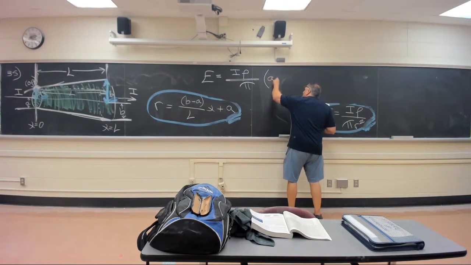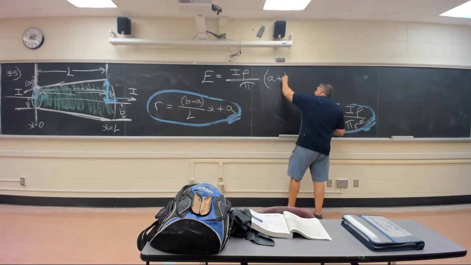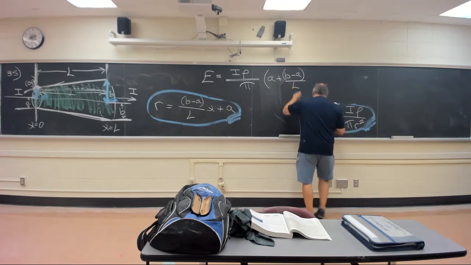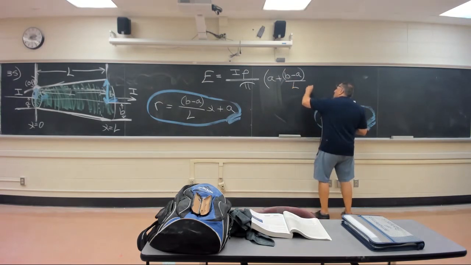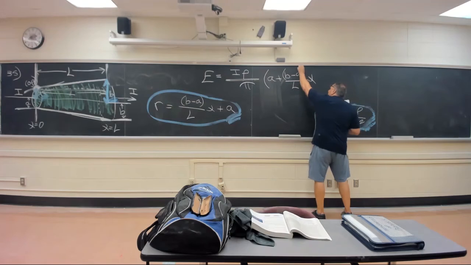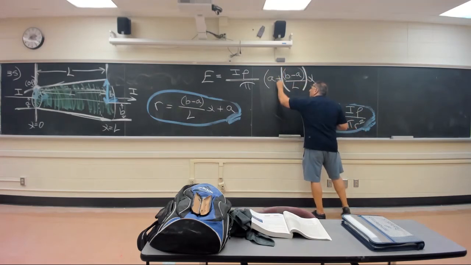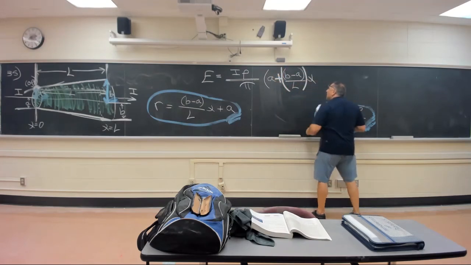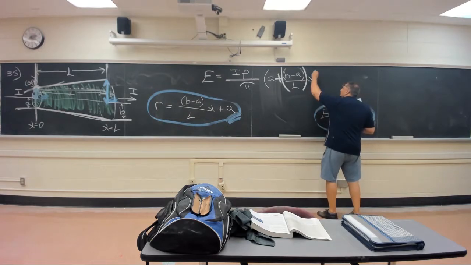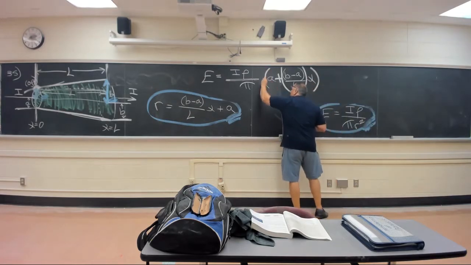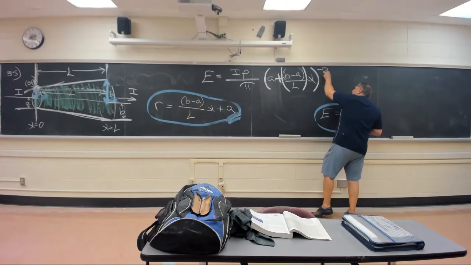R is A plus B minus A times X to the negative 2.